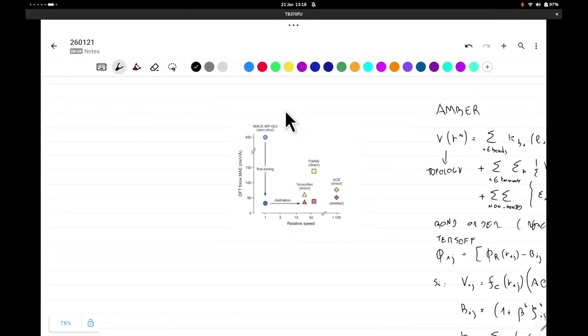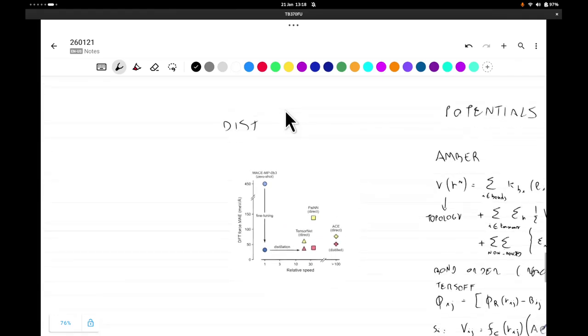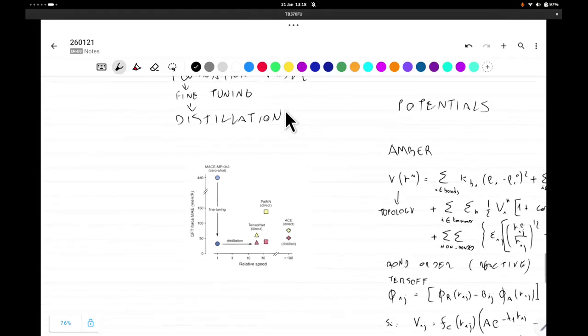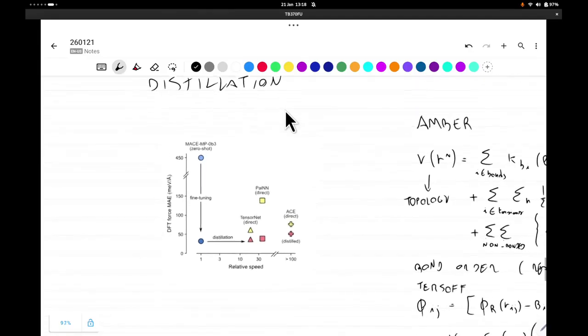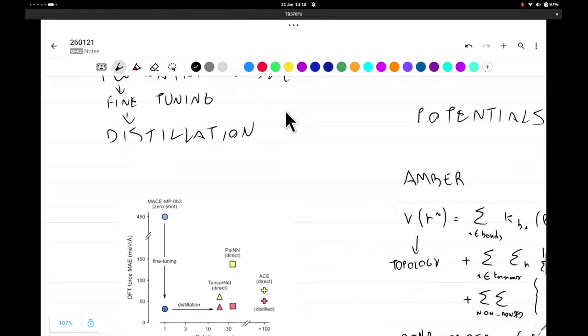So we now talk about foundation models, fine-tuning, and distillation. So that is that you take a foundation model from some library.